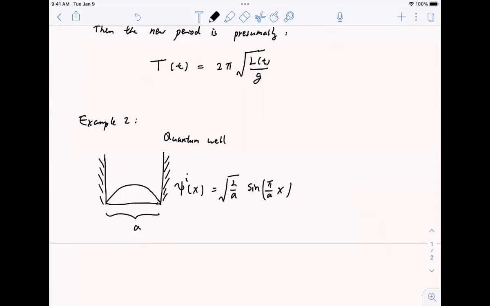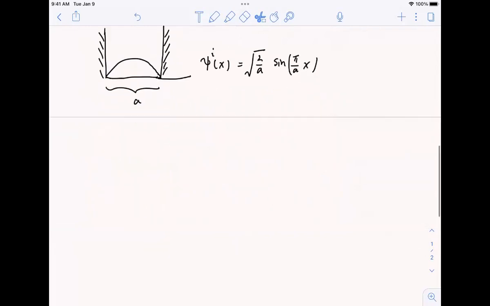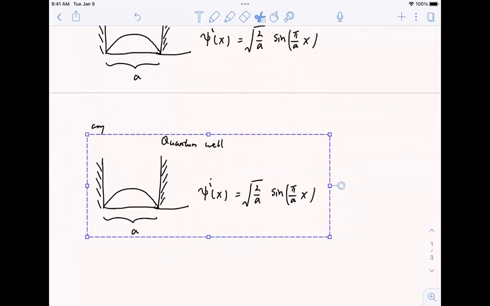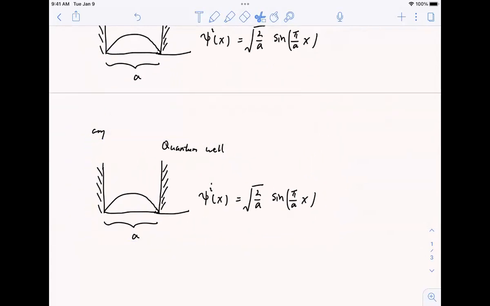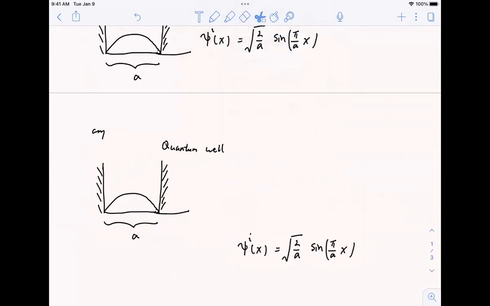Now we allow one of the walls to move very slowly.